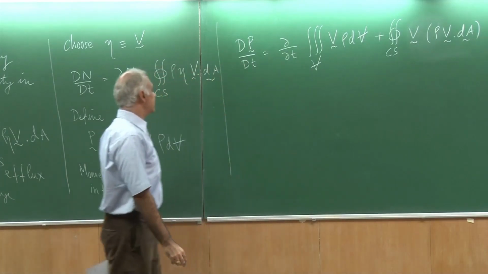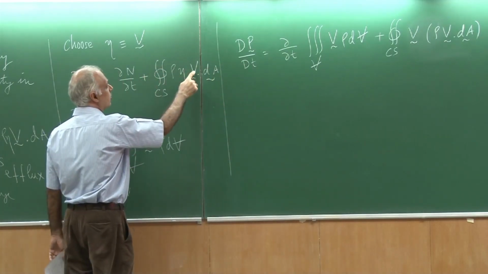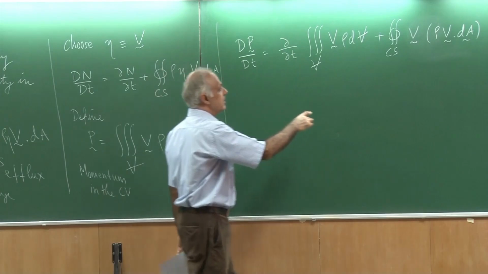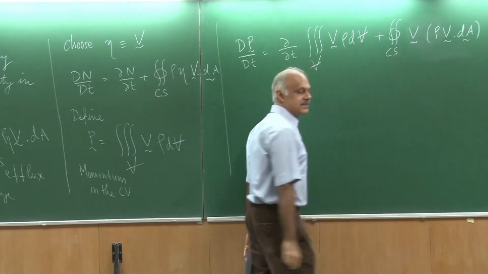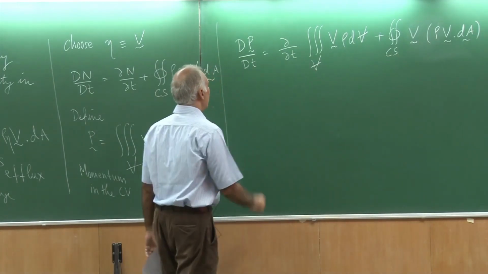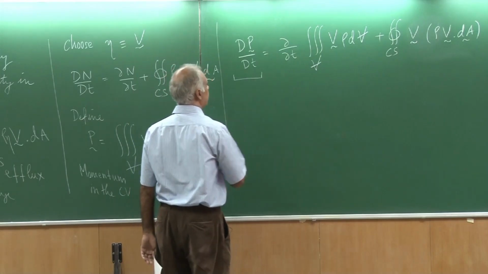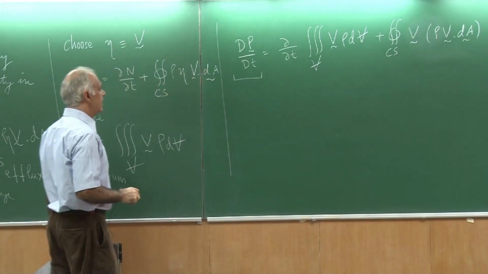Okay. So I have rearranged things a little bit. I have taken rho over here, and for eta I put the velocity, and that is the term I get.